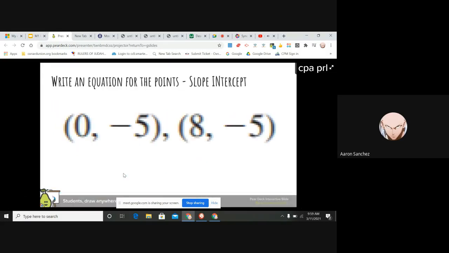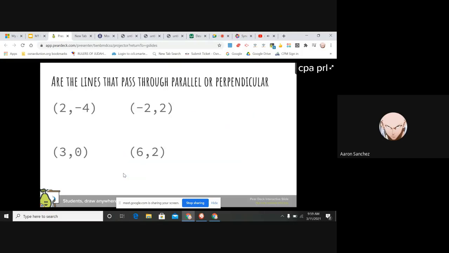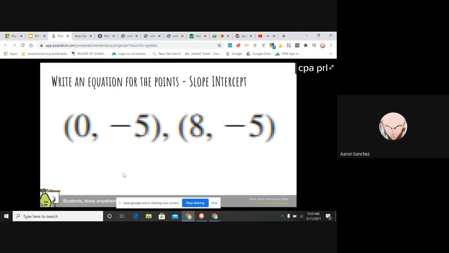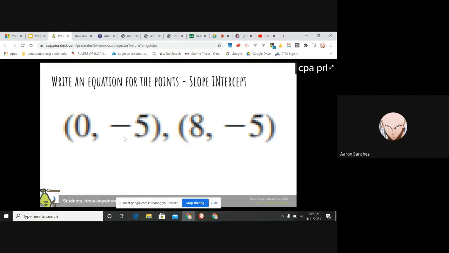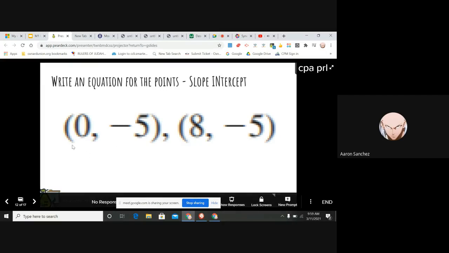Okay, write an equation for this in slope-intercept form. So find the slope first for this, okay? Find the slope. Remember, if you need help, here's my y-intercept. It's negative because it's 0, my y-intercept is -5, so that's pretty straightforward.